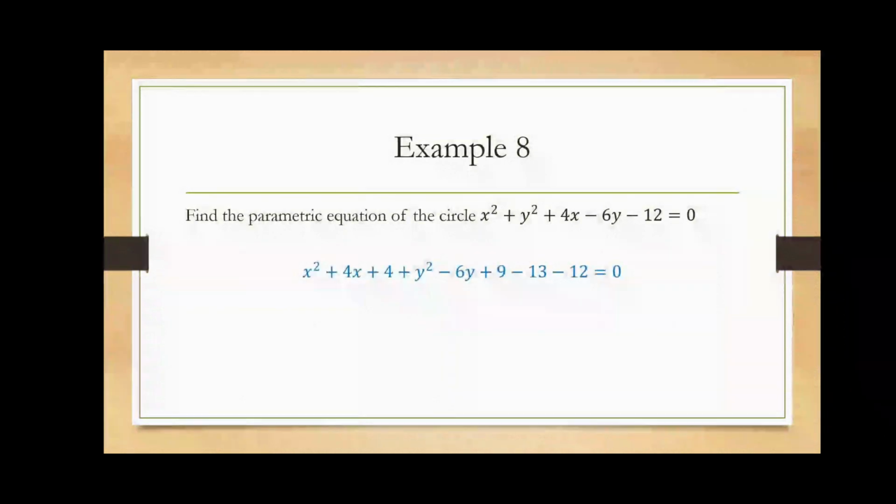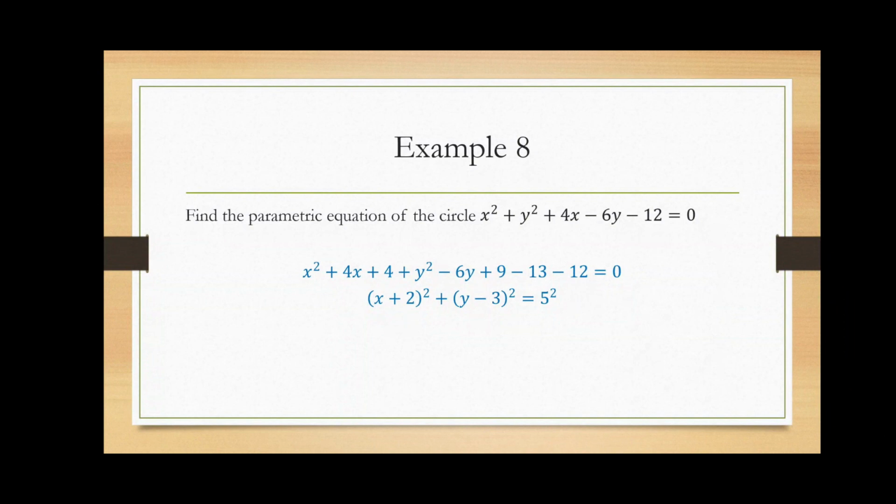How to do it? You just do completing the square by adding or subtracting some values and you get this. So x plus 2 whole square plus y minus 3 whole square equals to 5 square. So from here I get the center as minus 2 comma 3 and radius as 5.